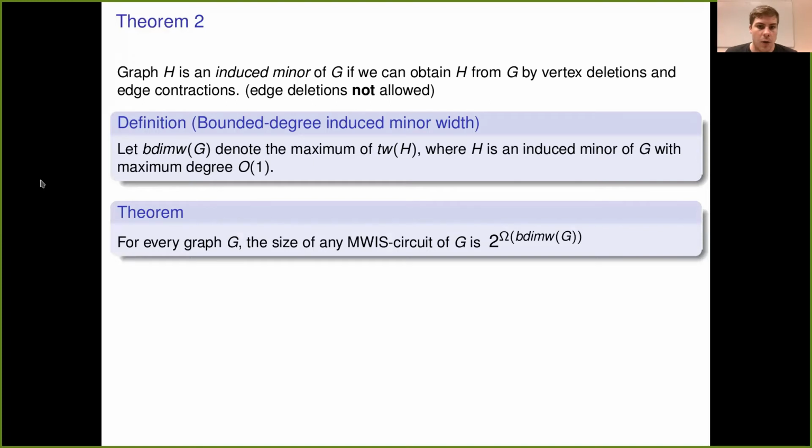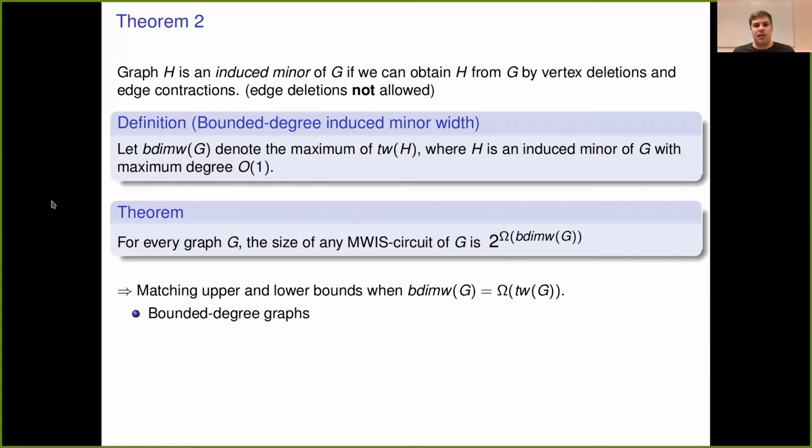And what I prove is again a lower bound for MWS circuits that is exponential in the bounded degree induced minor width of the graph. Again, this lower bound holds for every single graph.